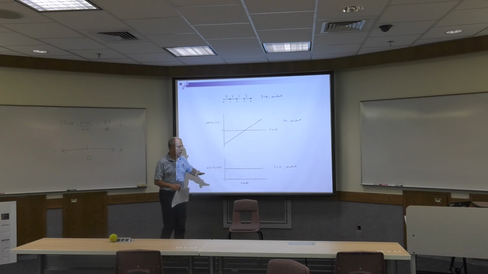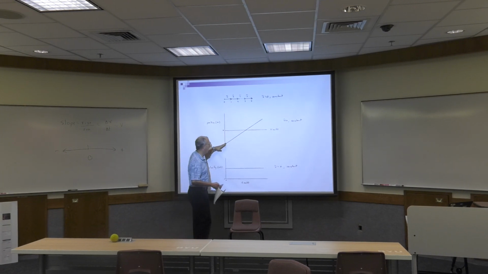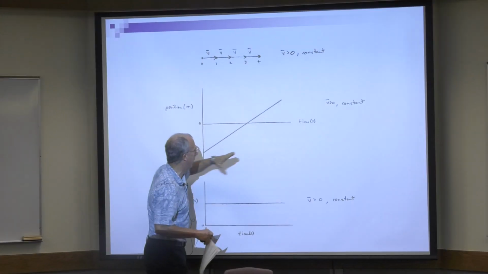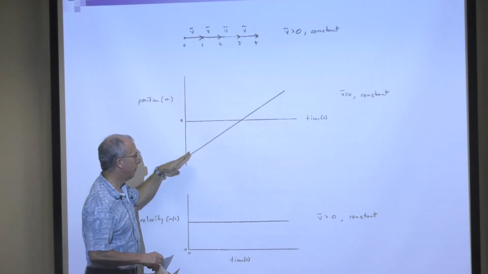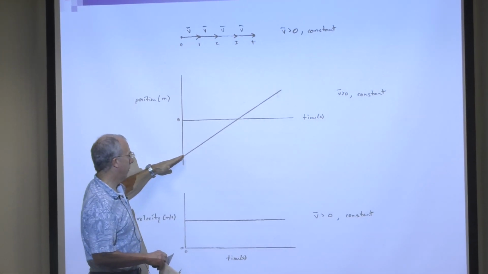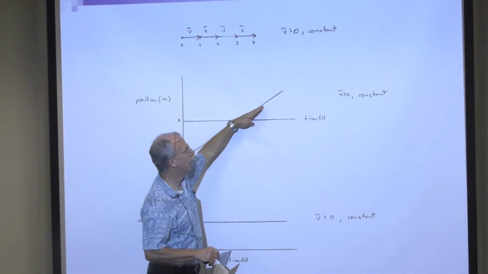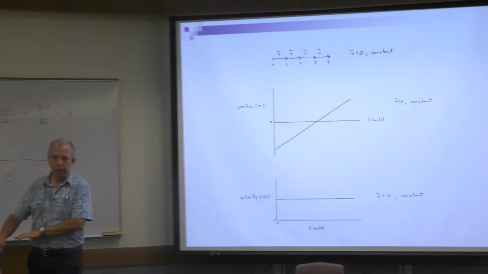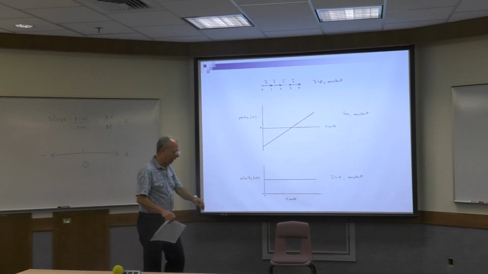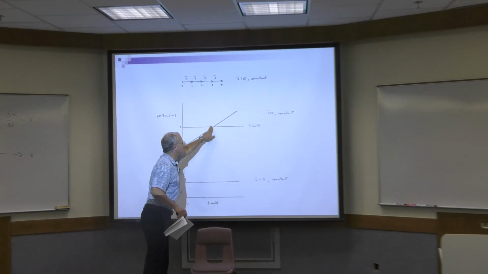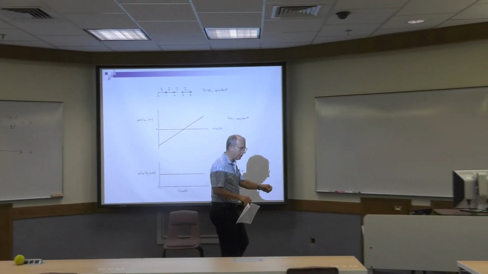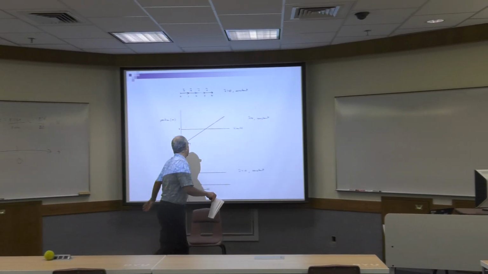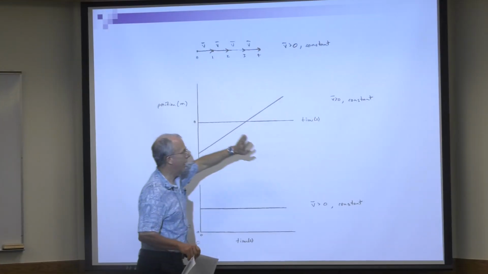I was walking to the right, so remember, this is position versus time. The slope is velocity. My velocity is constant, so I have a constant slope. So I started in some negative place, crossed the 0 point, and then continued with constant speed. So that's the correct position versus time graph.